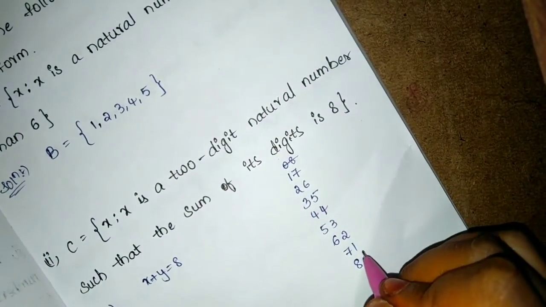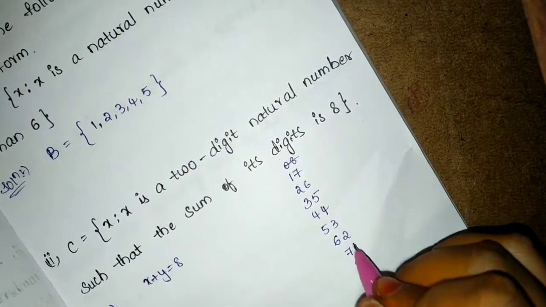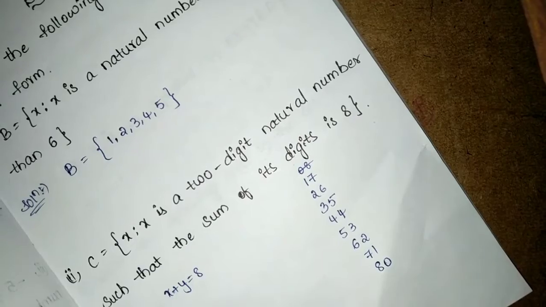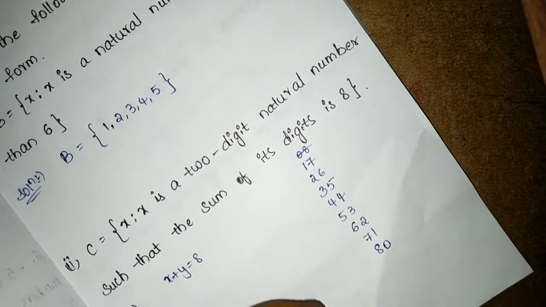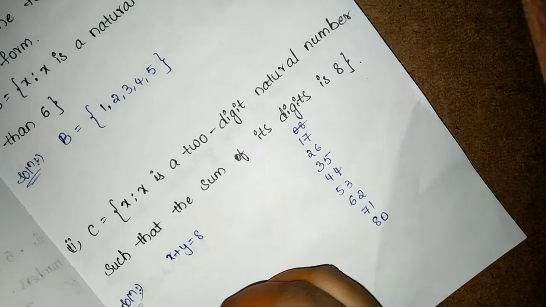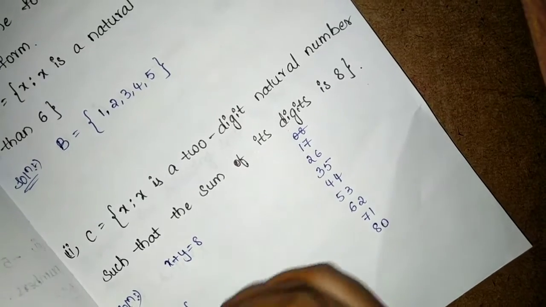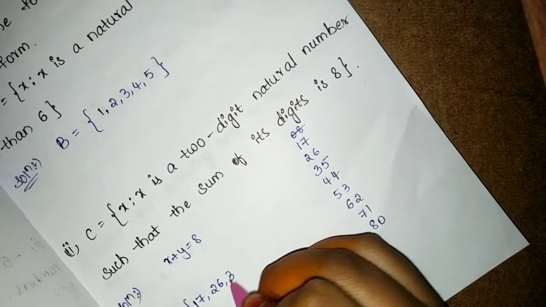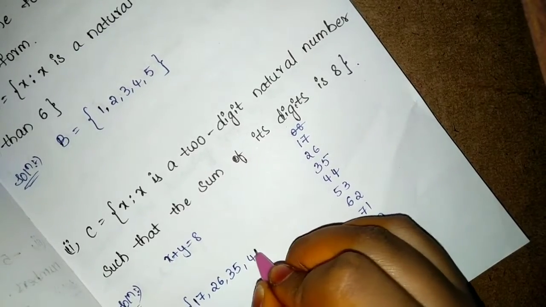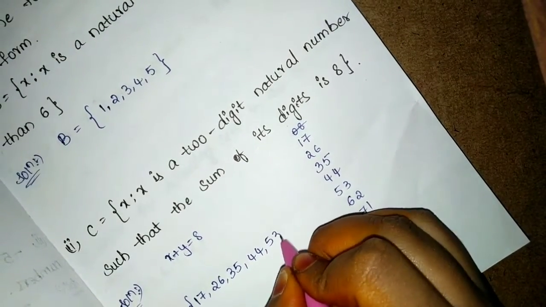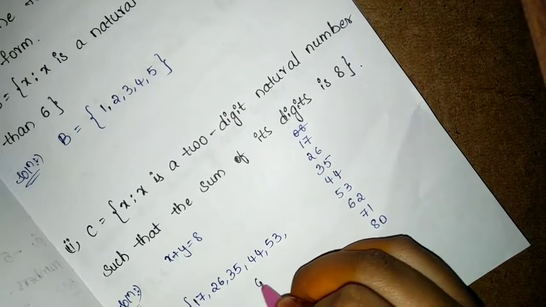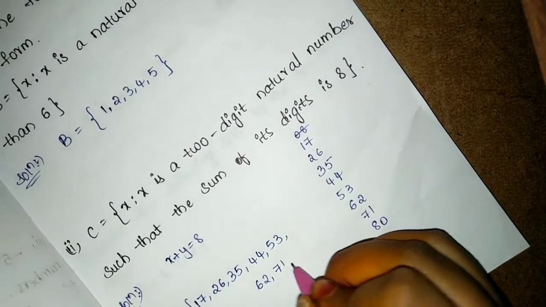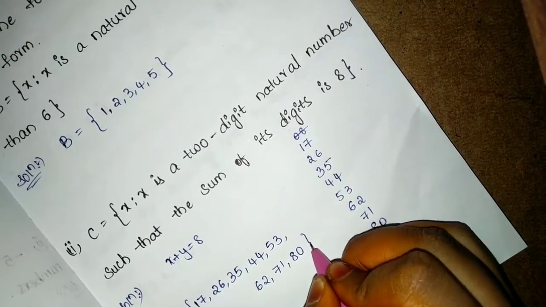So all these are natural numbers. Let's write the roster form. C equal to the set of 17, 26, 35, 44, 53, 62, 71 and 80.